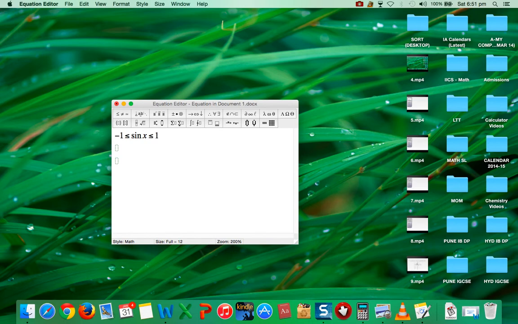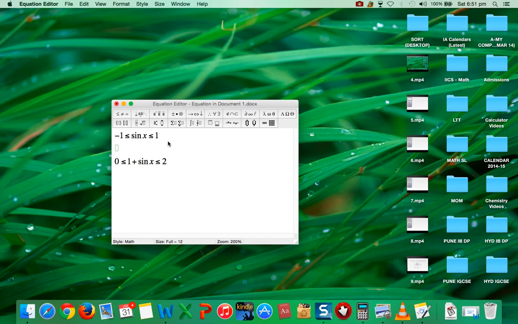So which means 1 plus sin x, add 1 throughout, you get 0 to 2. So 1 plus sine x lies between 0 and 2 by adding 1 throughout.